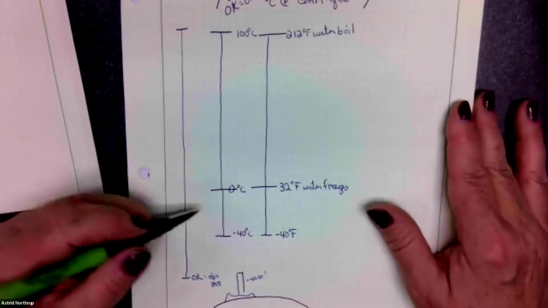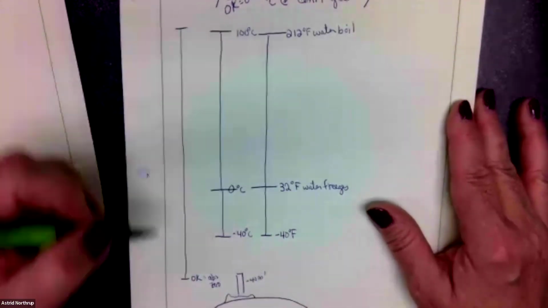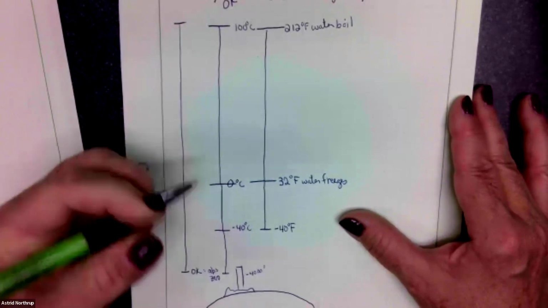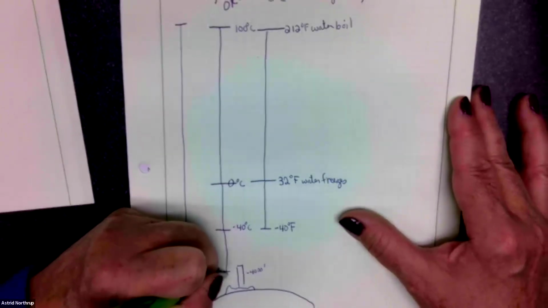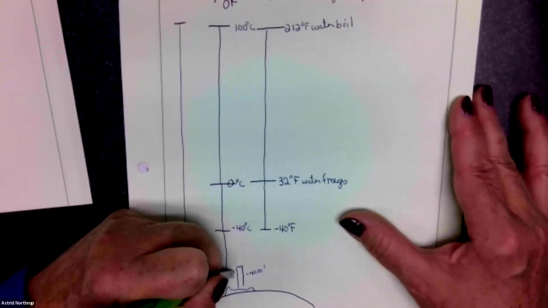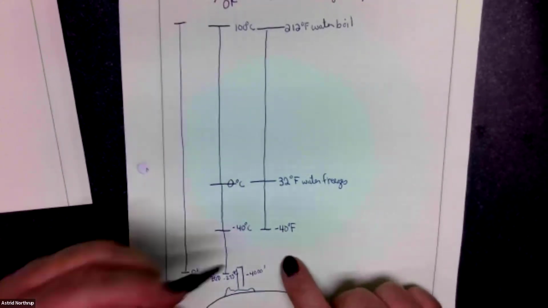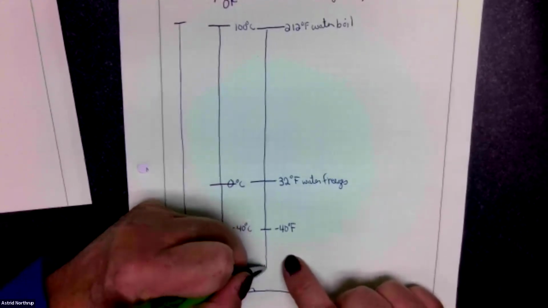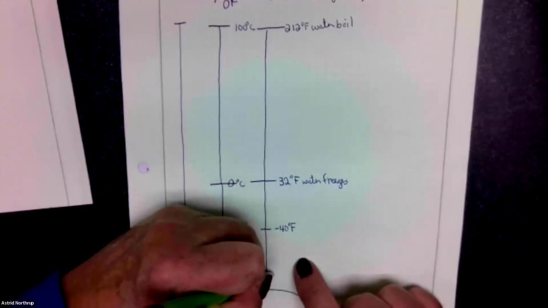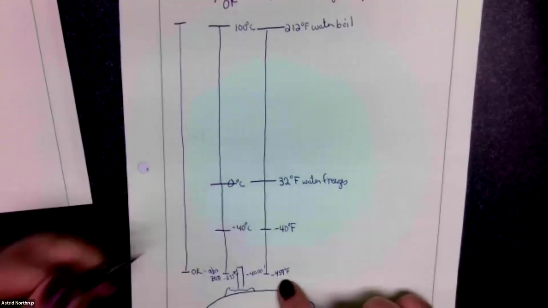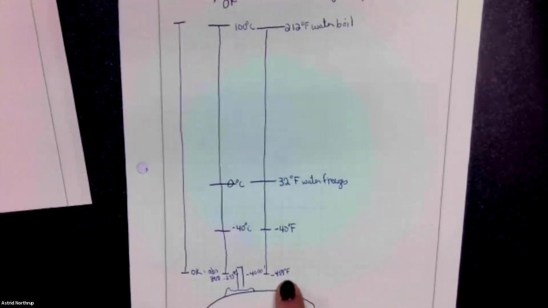It turns out that negative 273 degrees Celsius is the same as 0 degrees Kelvin. And this one I'm a little shakier on, but I believe it's negative 459 or 469 degrees Fahrenheit.